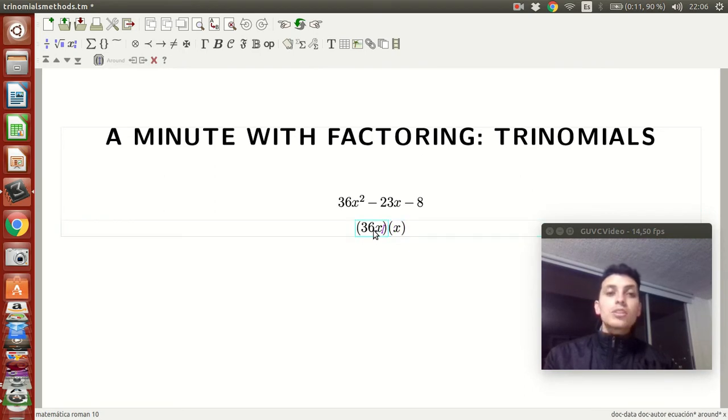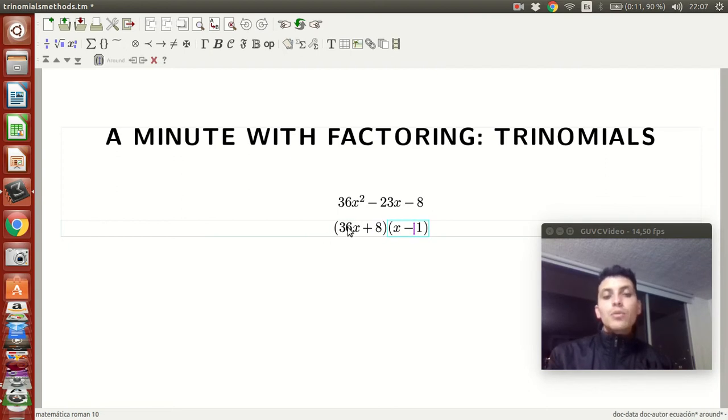The multiplication is 36x squared, and with 8 and positive 1. Look at 36. If I multiply, it will be negative, and we need the term in the middle to be negative, and 36 is greater than 8, so we have to check this.